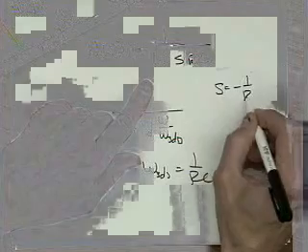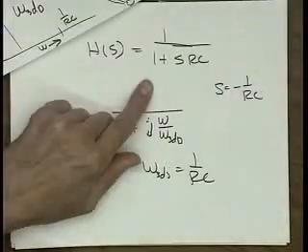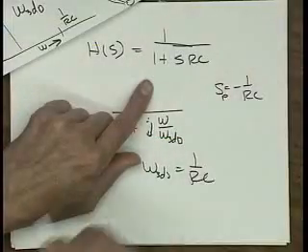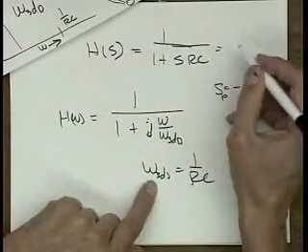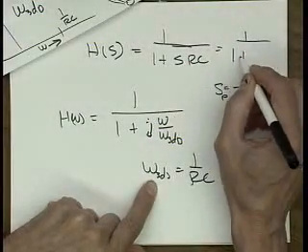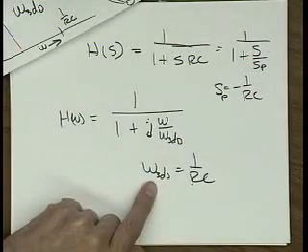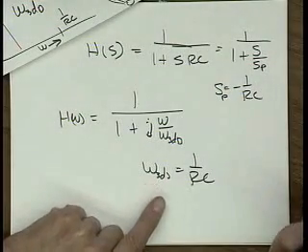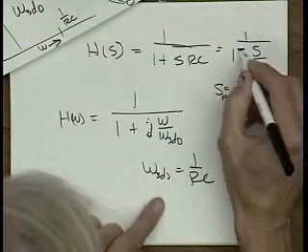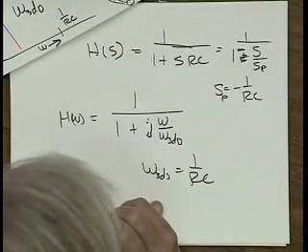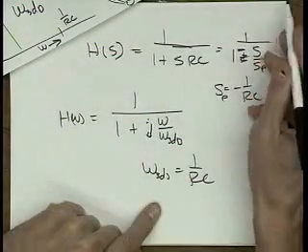When s is equal to minus 1 over RC, this thing goes to infinity. So we call that the pole. So we can write this, just like we write the 3 dB point, for the Laplace transform as 1 plus s over sp, or 1 minus s over sp, I guess, actually, right? Yes. So when s equals sp, this thing goes to infinity.